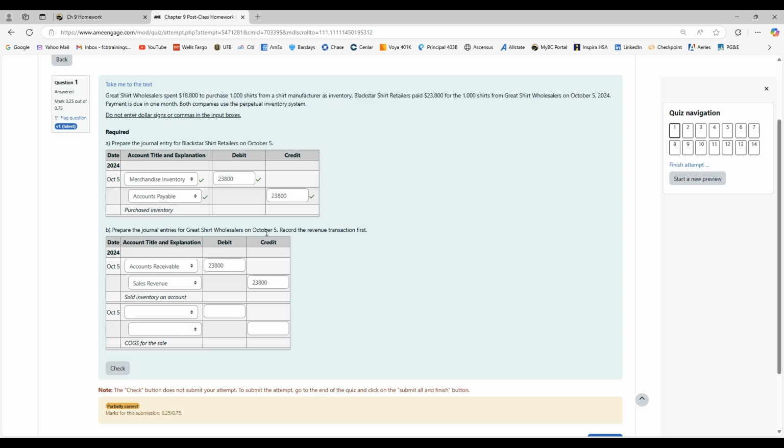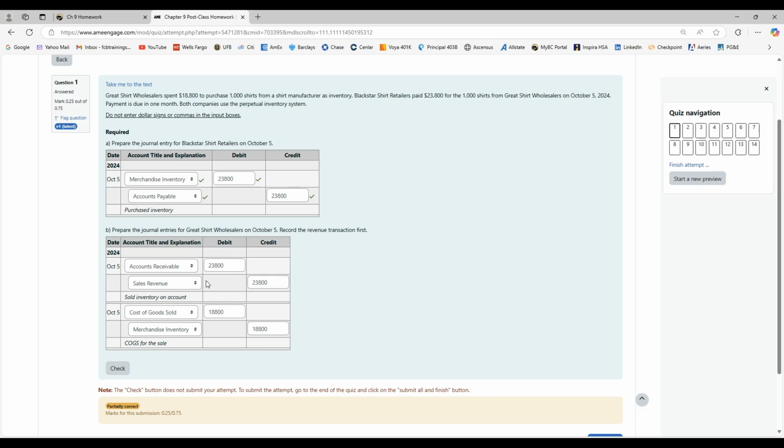seller. But when it comes to the seller, we also have to do this extra transaction that incorporates the cost of the goods sold. And that number is going to be what they paid for the shirts here. So Great Shirt originally spent the $18,800. And so that cost, that expense that they had to incur to purchase them in order to sell them, is cost of goods sold.